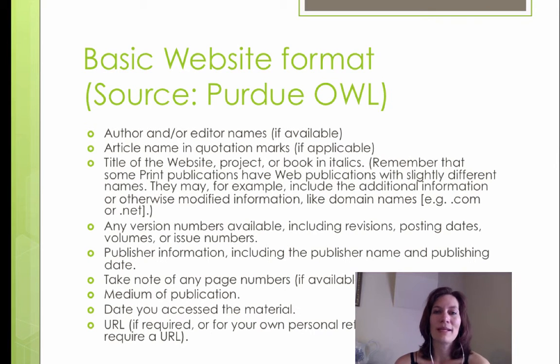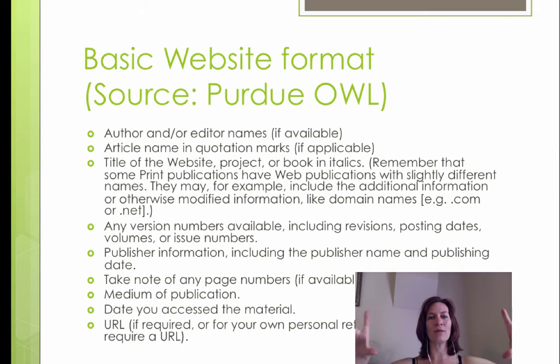Okay, let's move on to basic website information. If you were going to cite an organization, like the Encyclopedia Britannica or Purdue OWL, which I often cite, in fact, that's what we're using for the purposes of this demonstration, you want to be able to say where you got information.